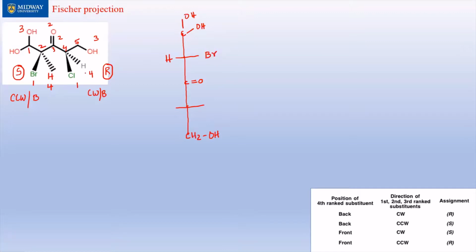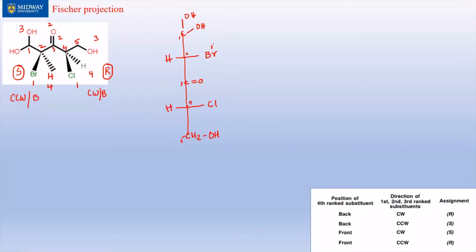Similarly, whether it's front or back doesn't matter. Just put the H here and Cl here. Because that's the way I'm going. I'm going 1 through 5, right? So this is my 1, 2, 3rd carbon, 4th carbon, and 5th carbon. Now let's go ahead and assign R and S and see if we have to do any flips at all.